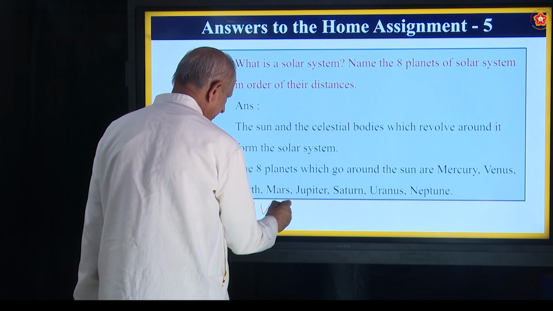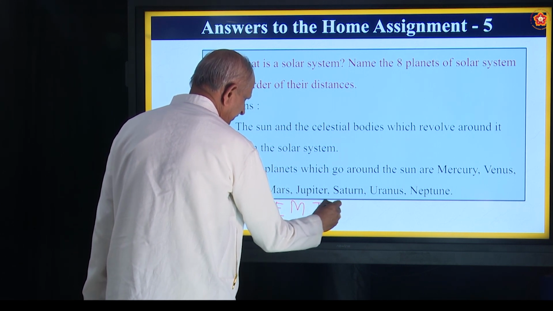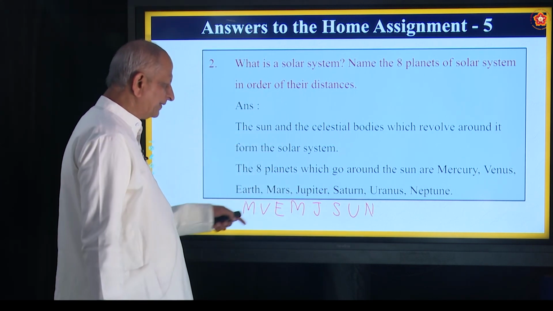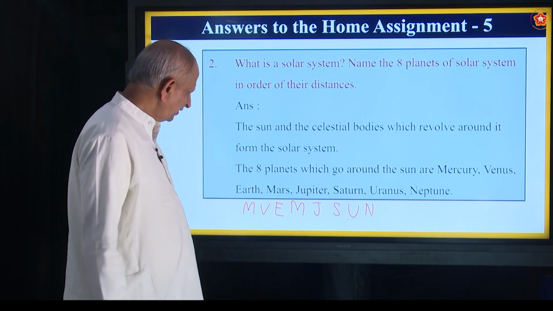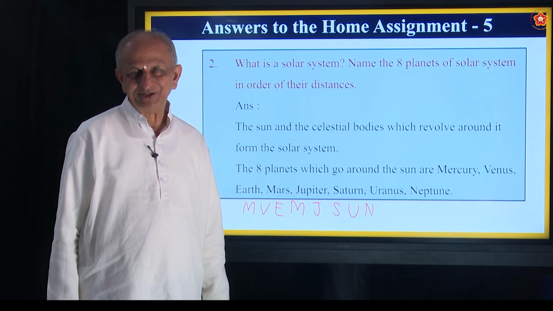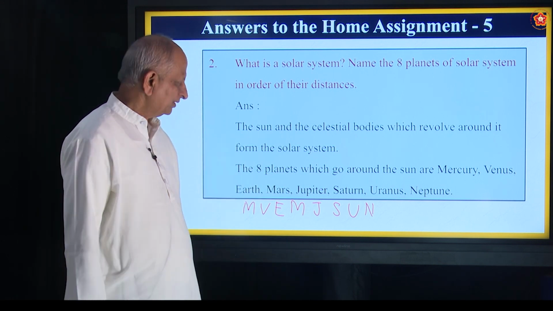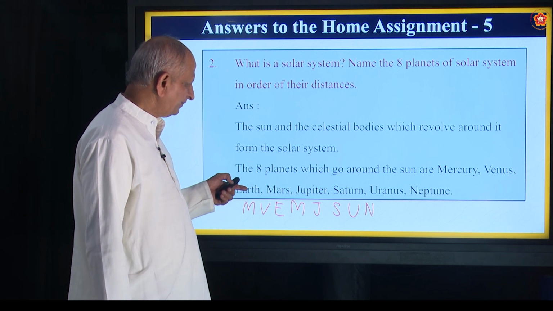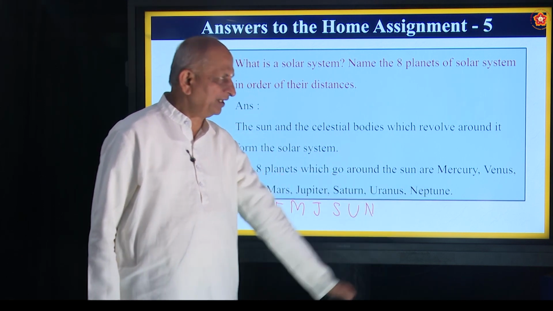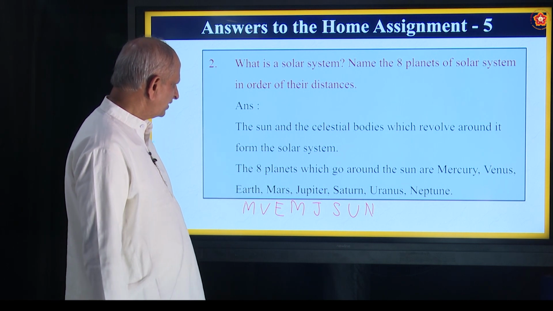Then you have Earth E, Mars M, Jupiter J, Saturn S, Uranus U, Neptune N. If you just remember this, M V E M J S U N. Too easy for you to write because you are asked to write in an order. Okay. So in order of the distance from the sun, which means Mercury is the nearest, Neptune is the farthest. Okay. That is how you write it.